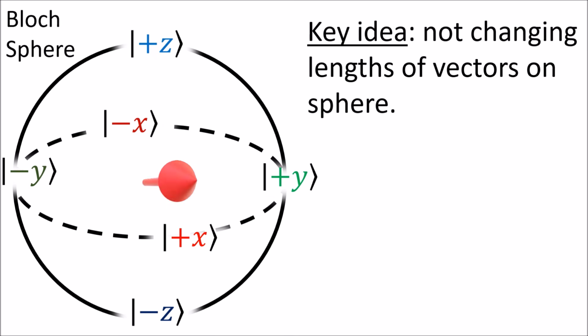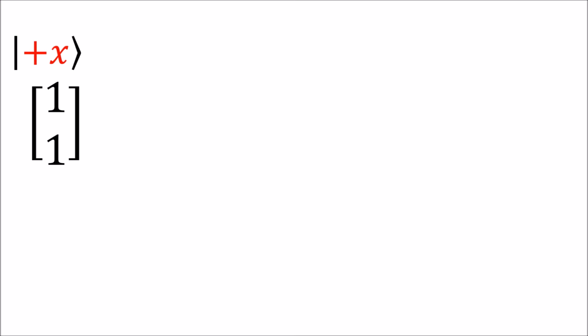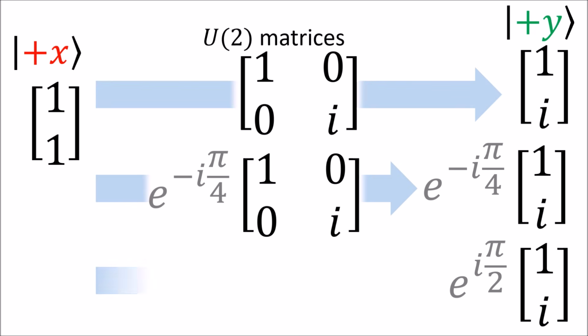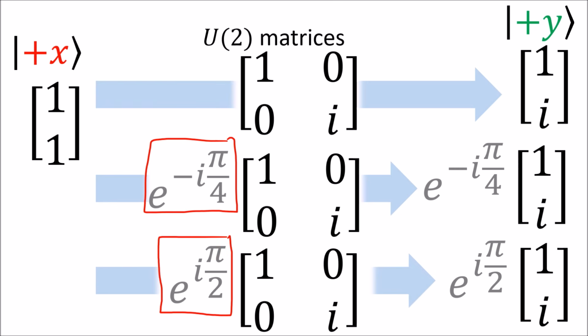Now recall we said that U2 matrices will perform rotations on our Bloch sphere of states. But since overall phases don't matter, there are multiple U2 matrices that can rotate us to the same output state, each matrix with a different overall phase. So there is some redundancy in the group of U2 matrices.